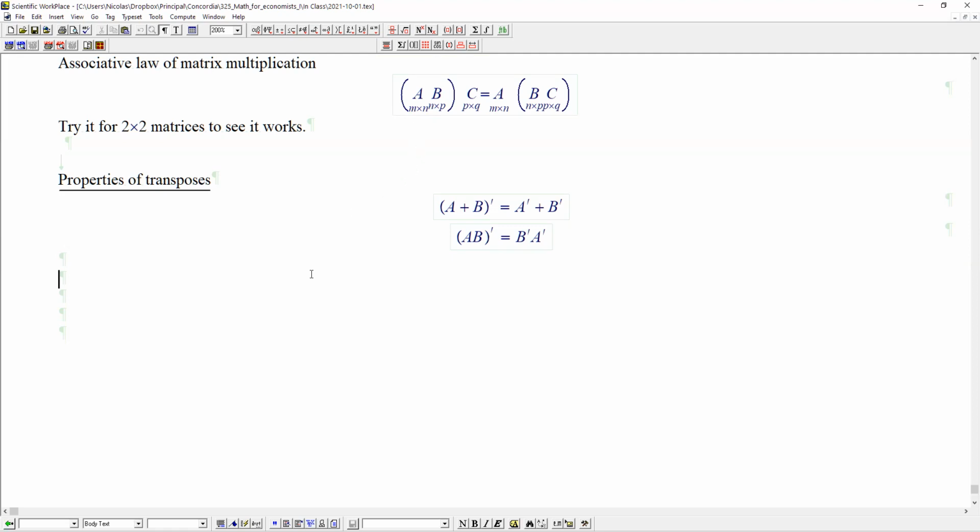All right. Special matrices. Okay, I'm just going to show you one, and then we can continue this later. So idempotent matrix.